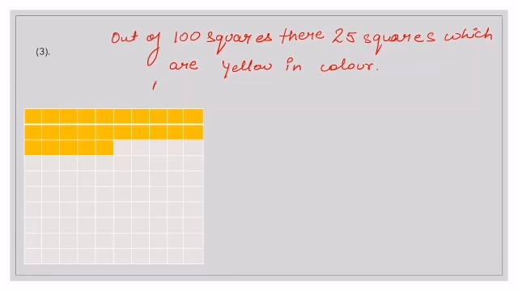And so the number of uncolored squares will be, how will we find the number of uncolored squares?